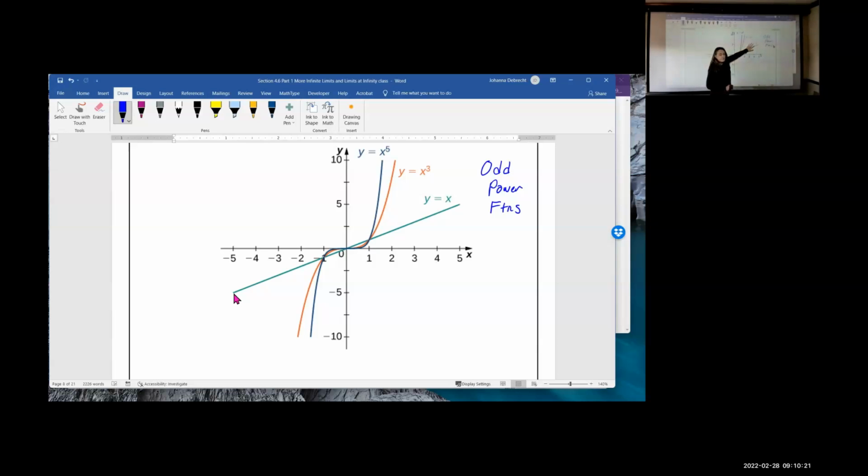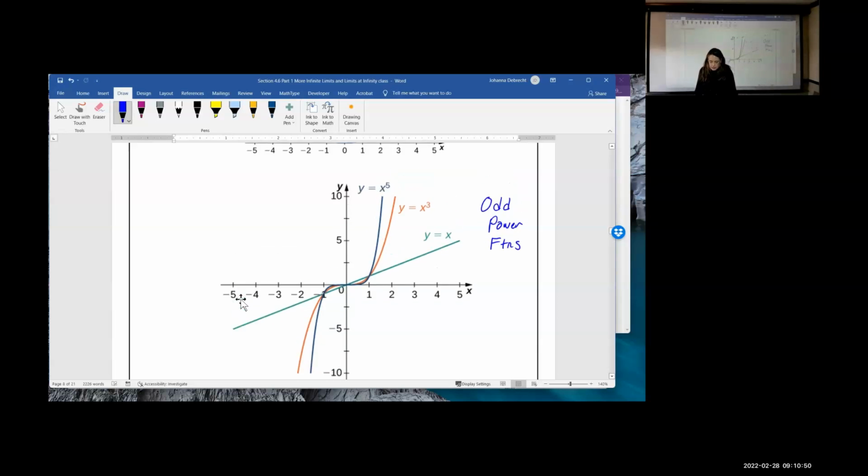So it's approaching infinity as x goes to infinity to the right. It's approaching negative infinity as x goes to negative infinity to the left. And again, x cubed and x to the 5th have the same basic shape, but x to the 5th is flatter for a longer period than the graph of x cubed is, and then it climbs more steeply than x cubed does. But they have the same basic shape.